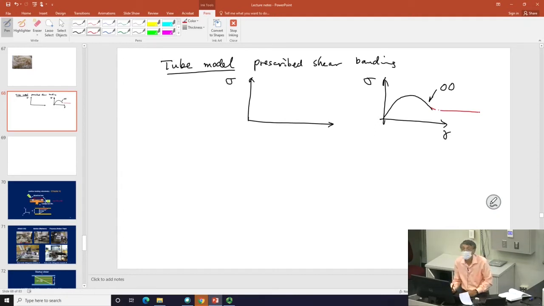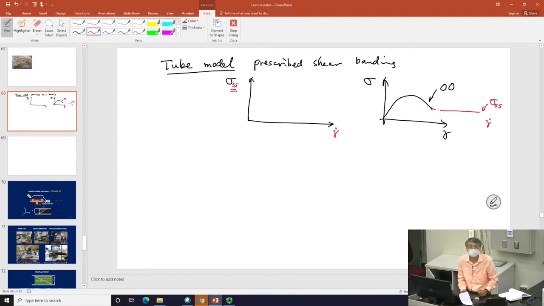In steady state, if you plot the stress in steady state as a function of the applied rate, and of course, when we plot this as a function of the rate, we already know this is steady state, so usually I don't even label SS there.